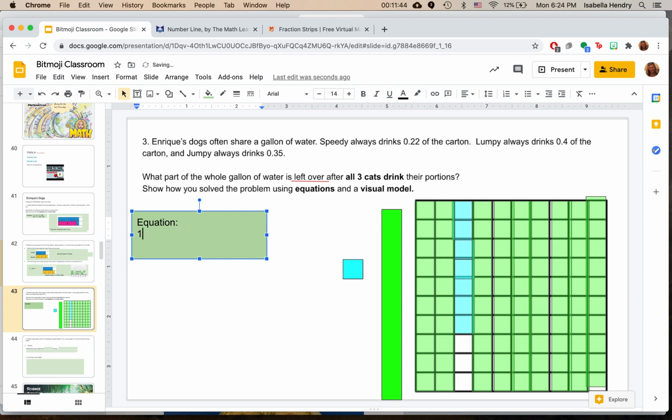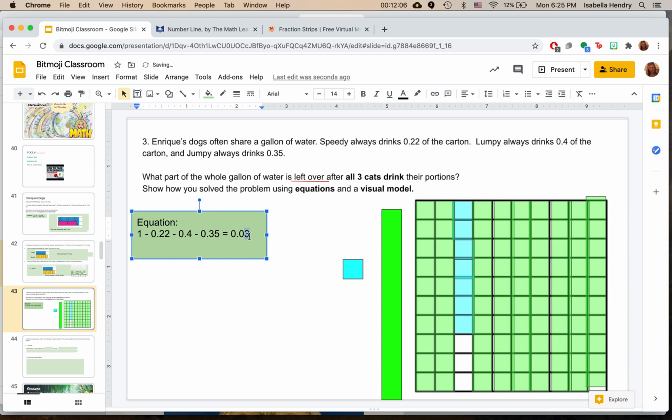So my equation would be 1 whole minus 2/10 and 2/100 minus 4/10 minus 3/10 and 5/100 equals 3/100.